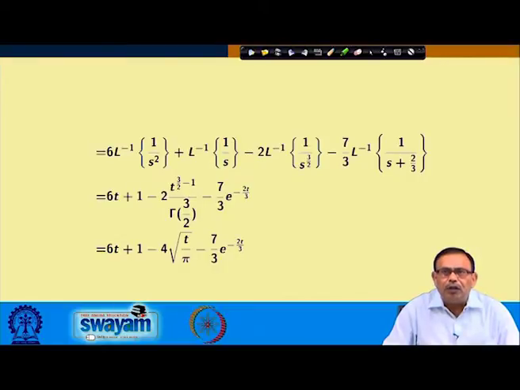Now, if you recall, in Laplace transform also we studied various properties which helped us to solve the problems or to find out the Laplace transform of various functions quickly. Similar properties are available in inverse Laplace transform also, and using the properties of inverse Laplace transform, we can very quickly find out the function whose inverse Laplace transform is provided to us.